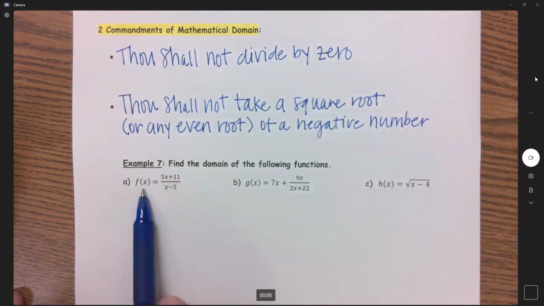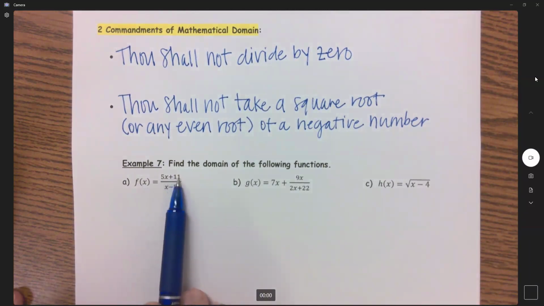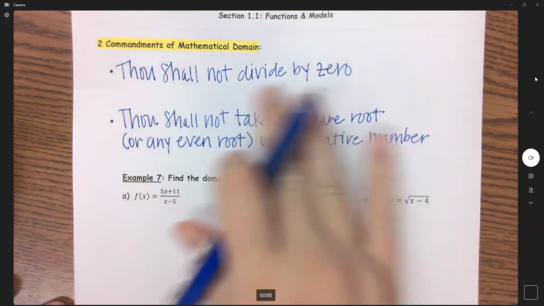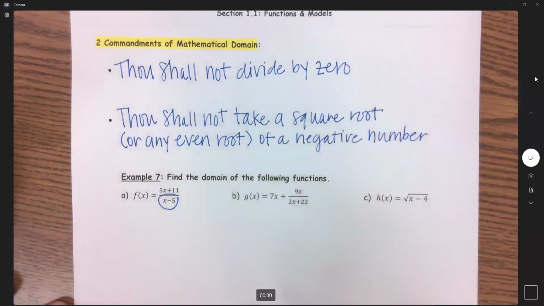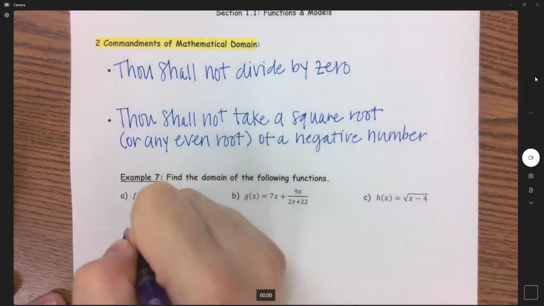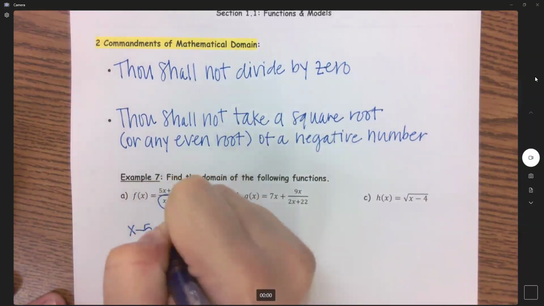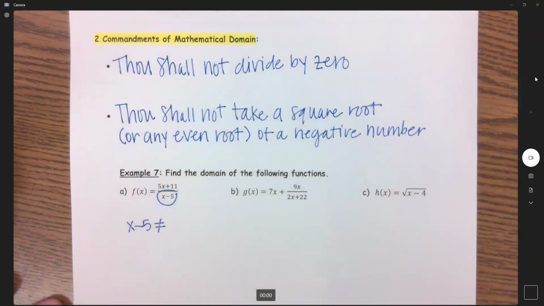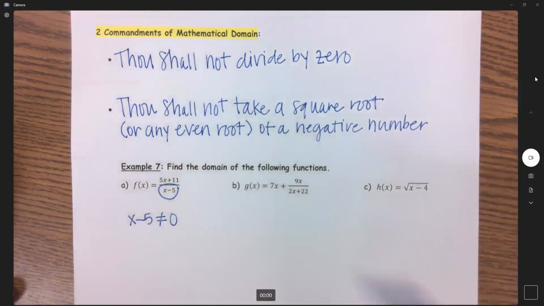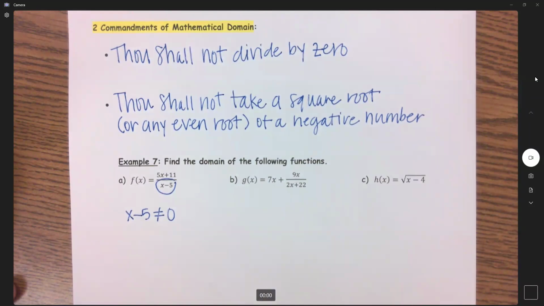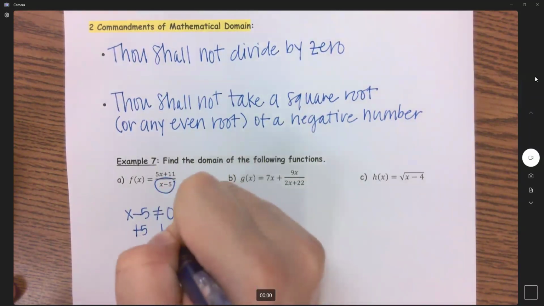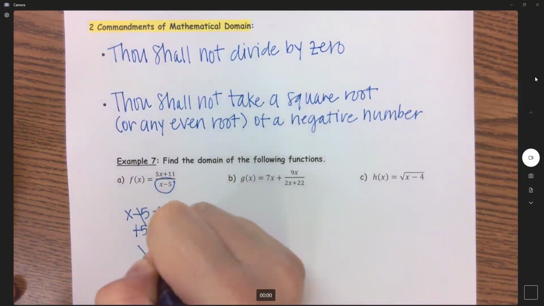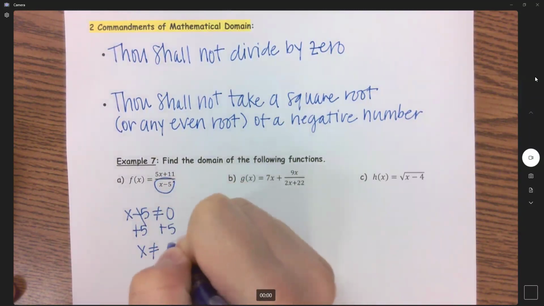So in part A, if I have f of x equals (5x plus 11) over (x minus 5), all I care about is that I don't divide by 0. So I'm going to take what's in this denominator, and I know that it cannot equal 0. So solve this equation. We'll add our 5 over, and we get that x cannot equal 5.